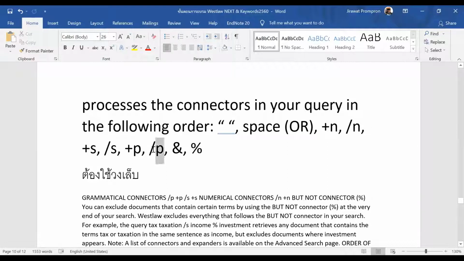So now you use this and this. They will start with /s first and followed by /p. So if you use different operators, you need brackets. You need a group. I will show you how to make it in a group. So I will come back again.